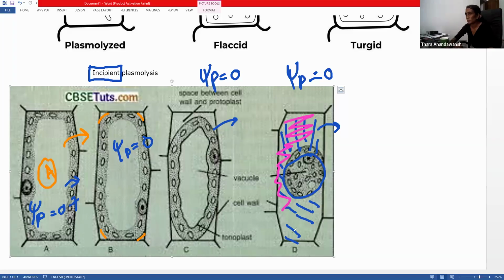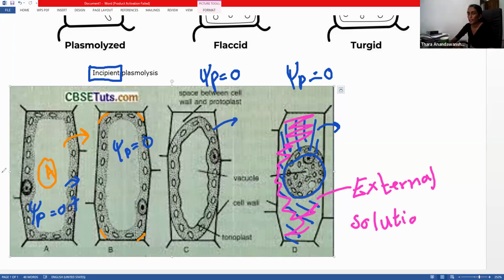External solution. This is filled with the external solution. Do you agree with that? Yes. That means if it is a sucrose solution, it is the sucrose solution filled here. Got it?